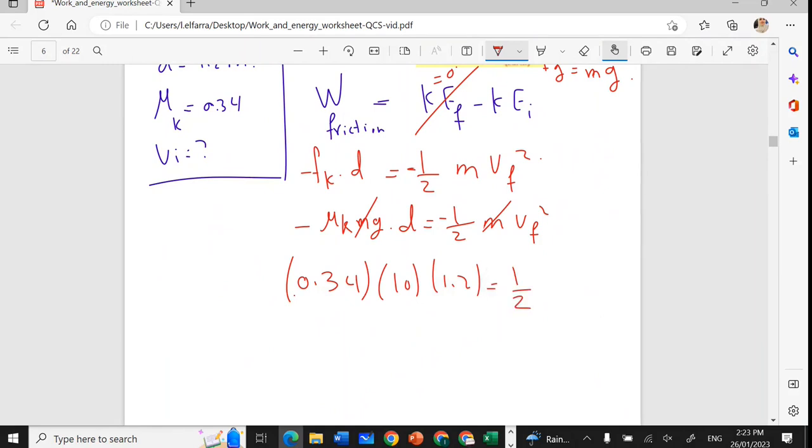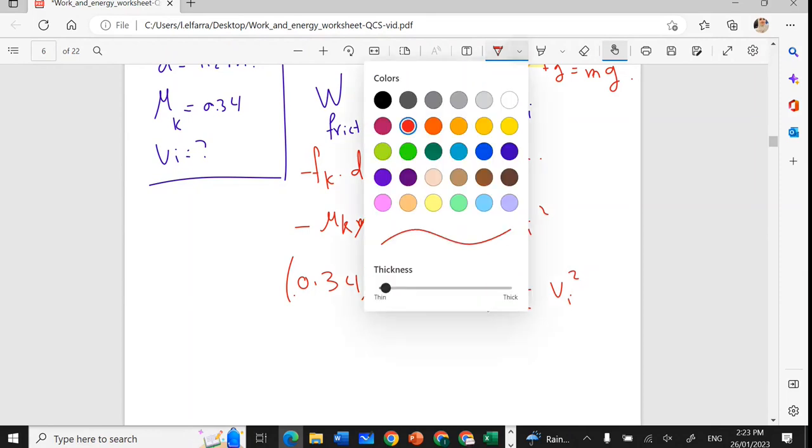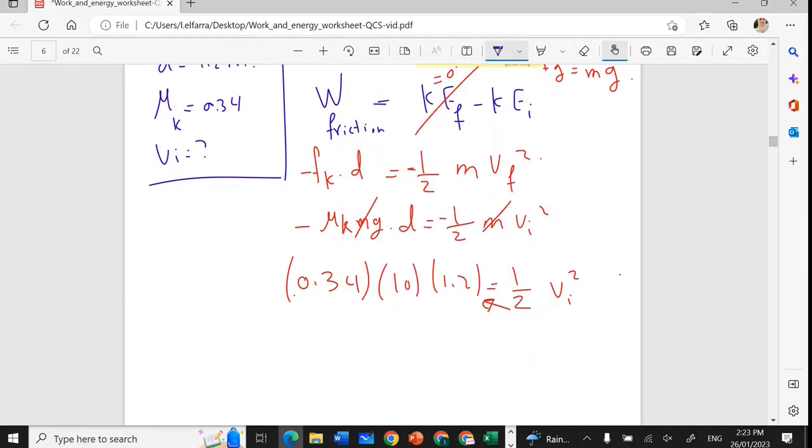This will equal half times the v initial squared. I'm going to do cross multiplication and then take the square root of both sides. So v initial will equal the square root of 2 times 0.34 times 10 times 1.2.